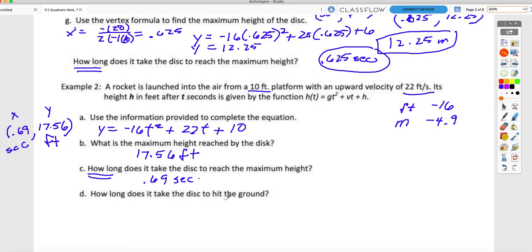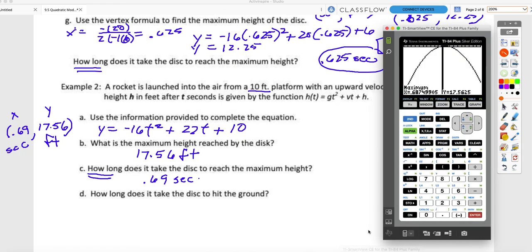How long does it take it to hit the ground? Okay, what do I want now? I want an x-intercept. So let's go back to the calculator. And this is way too big, so I'm going to go ahead and put the window back to standard size. I want that x-intercept. This one is negative. I don't care about that. It doesn't have anything to do with it.